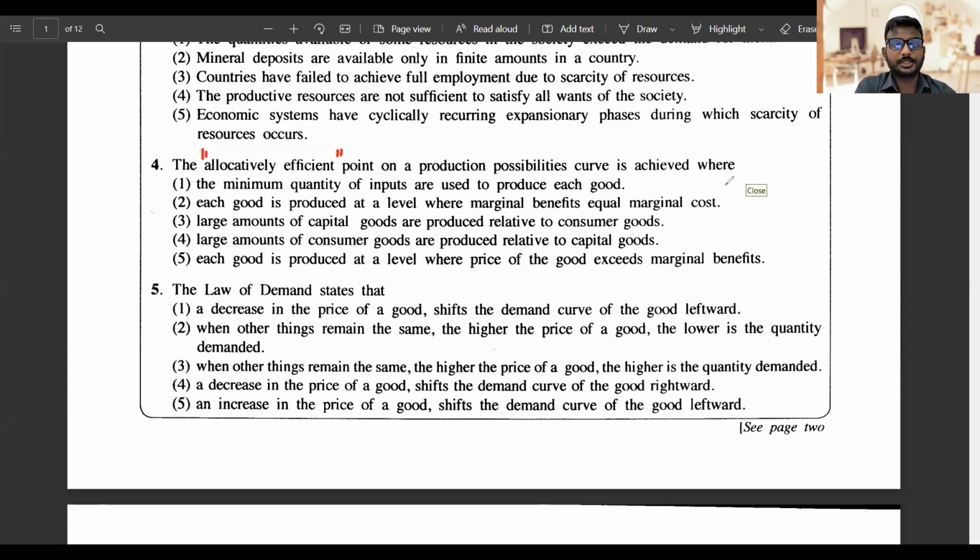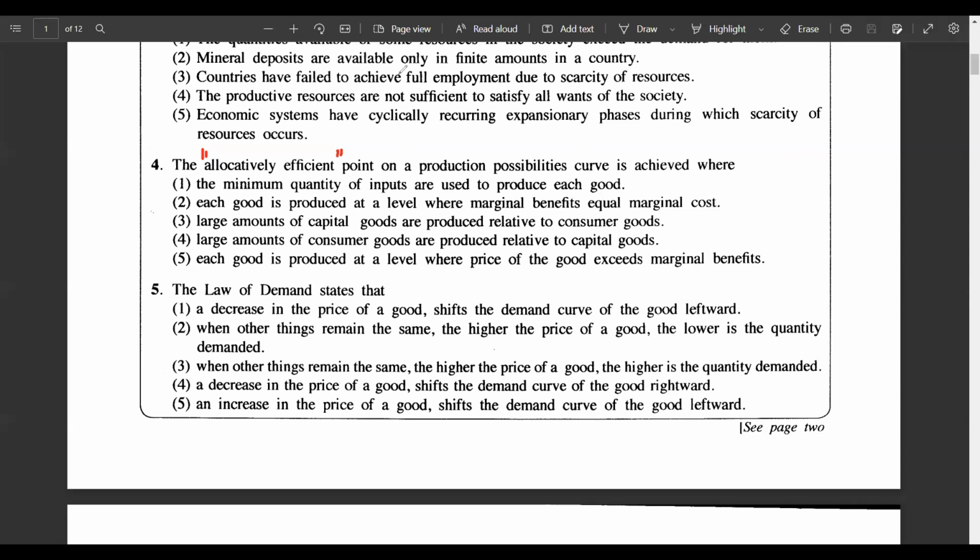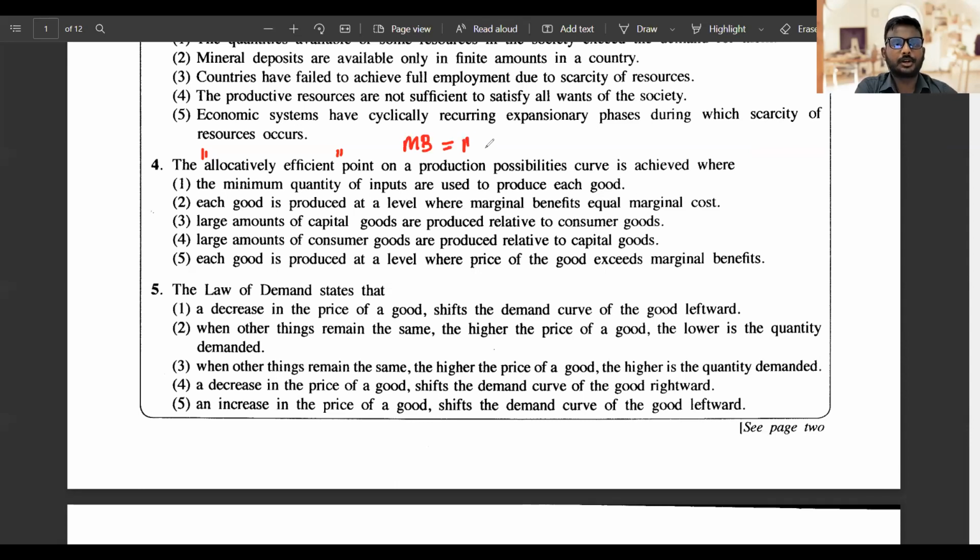Any idea what that condition is? It's simply marginal benefit should be equal to marginal cost. That's the condition that must be met.